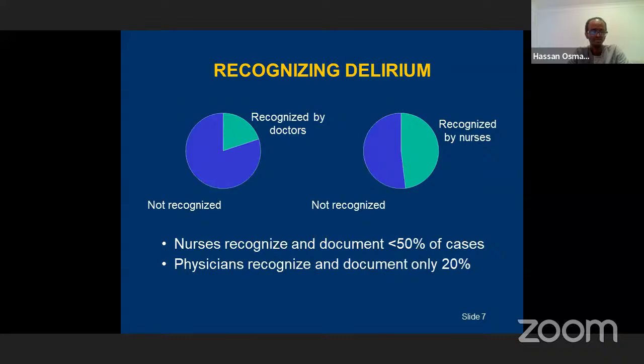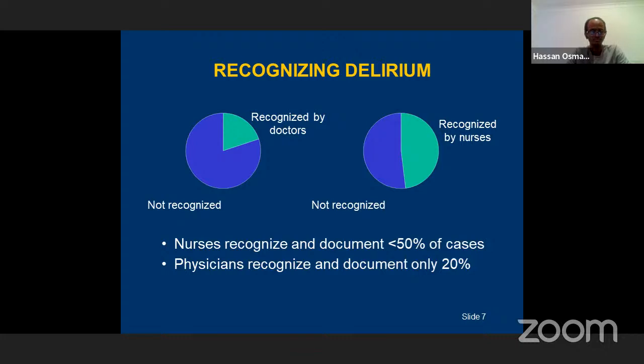And that's the thing I was talking about a minute ago. Only 20% are recognized by a doctor, in fact less than 20%, and nearly 50% or maybe less than that are recognized by nurses. So we're still not meeting the target or the reality when it comes to diagnosis.